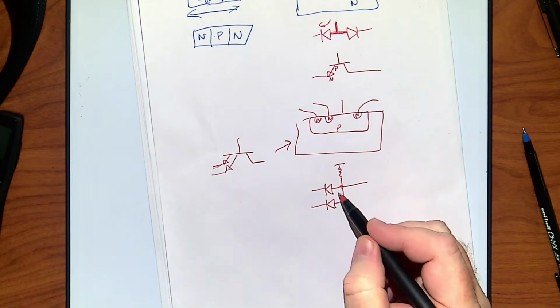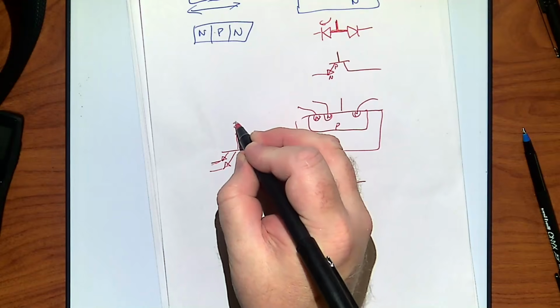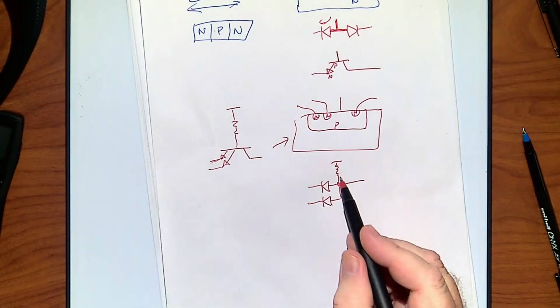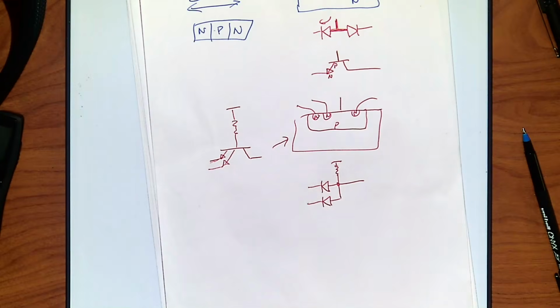So if I want to build this at that junction area, I need a resistor going up to power. There you go. Two diodes, there they are, and there's my output.